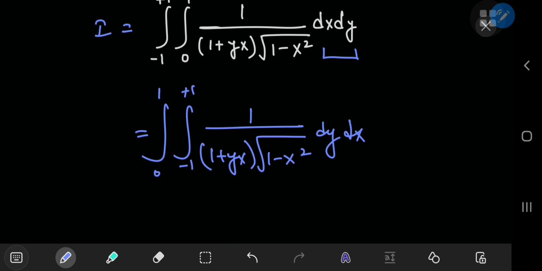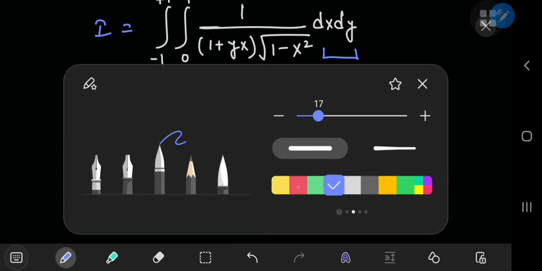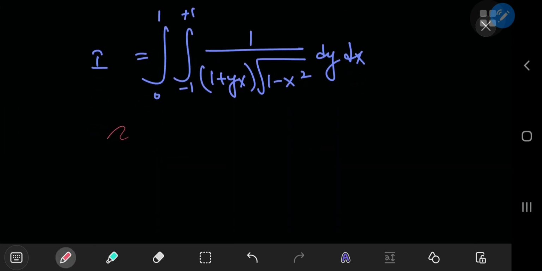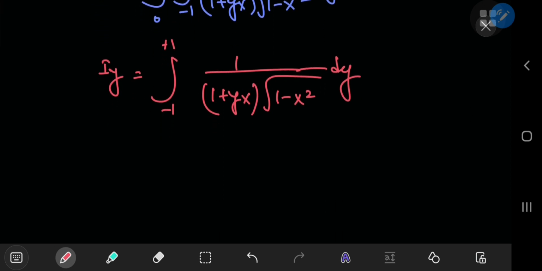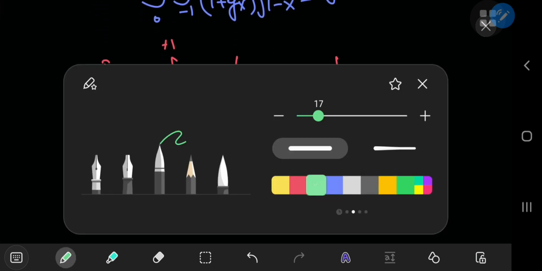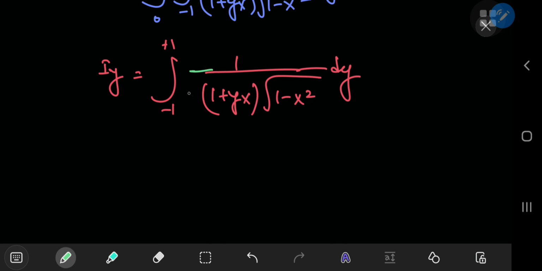Anyway, so if we switch up the order of integration and I introduce notation similar to what I had done earlier, I sub y equals the integral from -1 to +1 of 1 by 1 plus y times x times the square root of 1 minus x squared, integration with respect to y. Now here the x terms are all constants, so that makes the integration actually pretty simple. All I have to do is multiply downstairs and upstairs by the constant x.